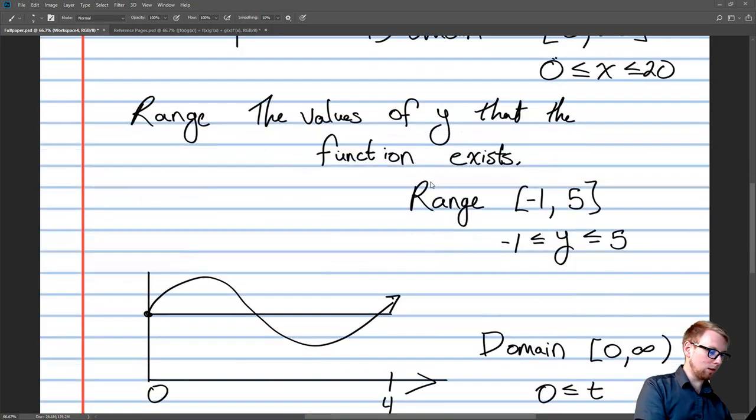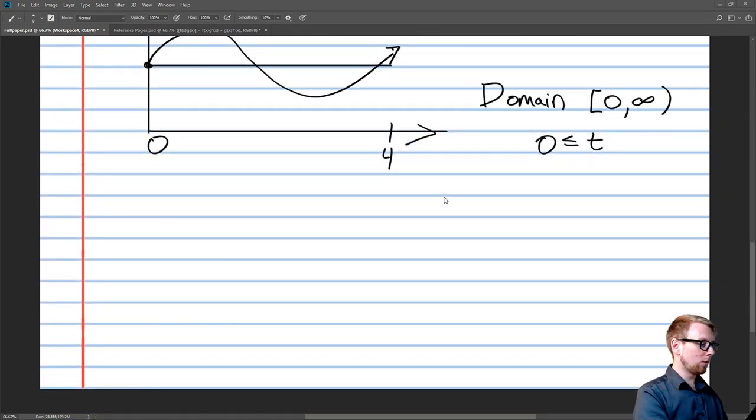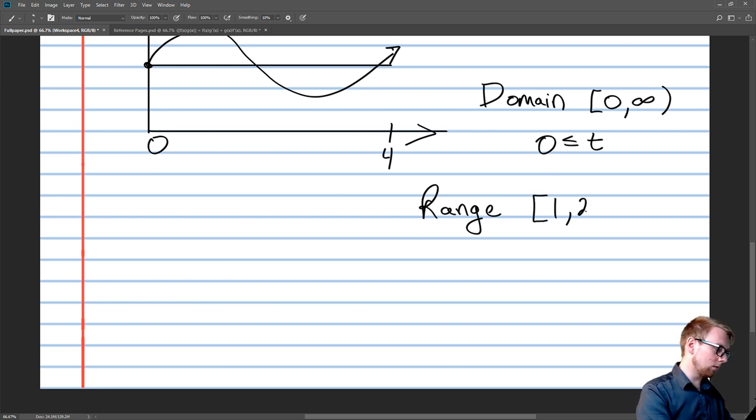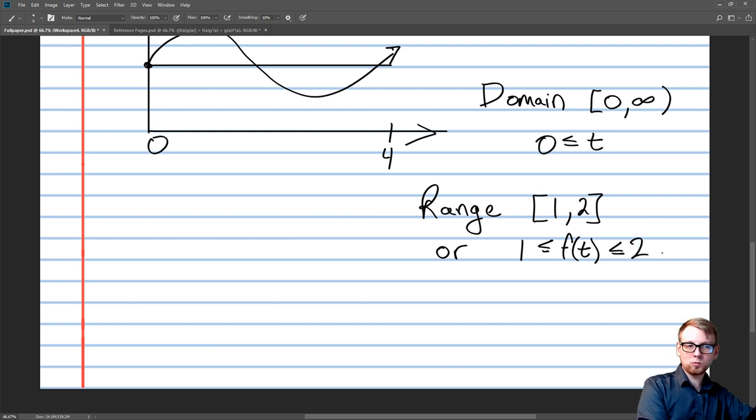Which I would write for you as range is either from 1 to 2 inclusive, or written as 1 is less than or equal to f of t less than or equal to 2. You see how that works?